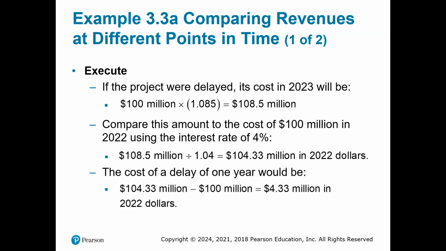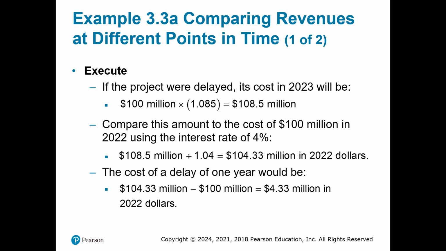To execute, if the project were delayed, its cost in 2023 will be $100 million times 1.085, which is $108.5 million. Compare this amount to the cost of $100 million in 2022 using the interest rate of 4%. You have $108.5 million divided by 1.04 equal to $104.33 million in 2022.